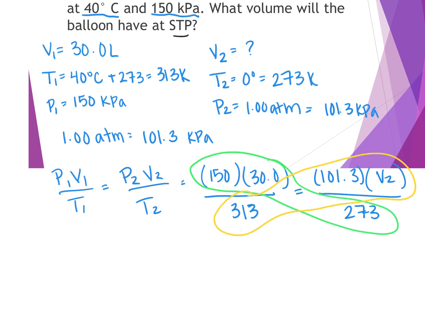Take that answer, divide it by 313, hit equal, and then divide it by 101.3, hit equal. 38.74. I think that sounds right. We'll round it.